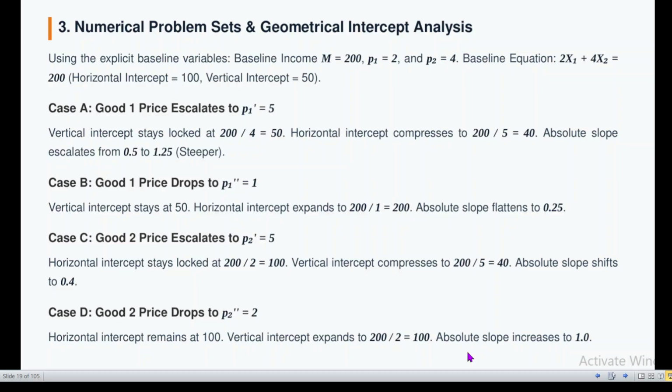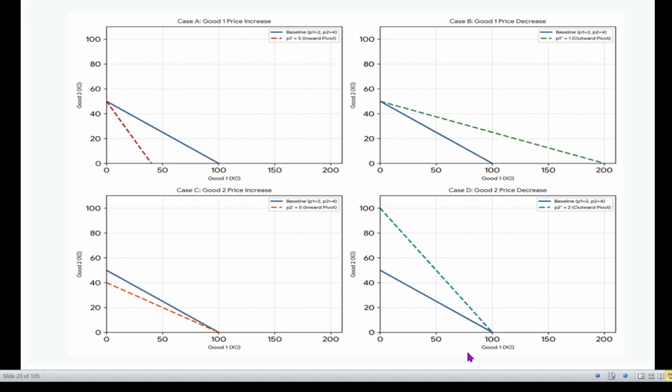And that is graphically represented like this. When the baseline is good 1 of x1 is 100, and when P1 prime is 5, it shifts inward with a steeper slope.